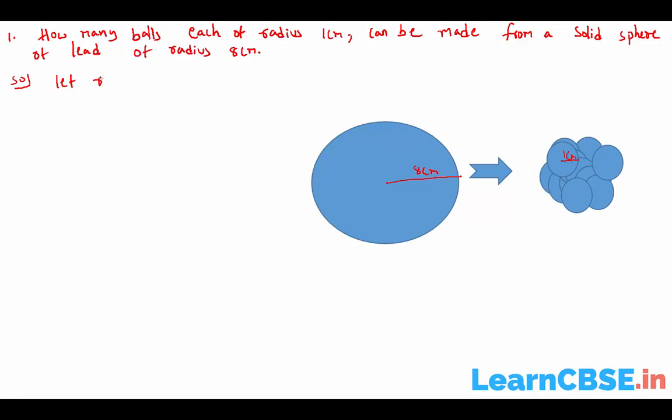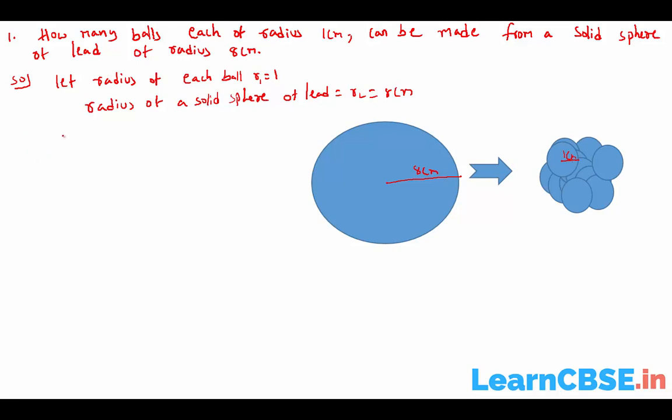Let the radius of each ball equal r1, and the radius of the solid sphere of lead r2, which is equal to 8 centimeters.